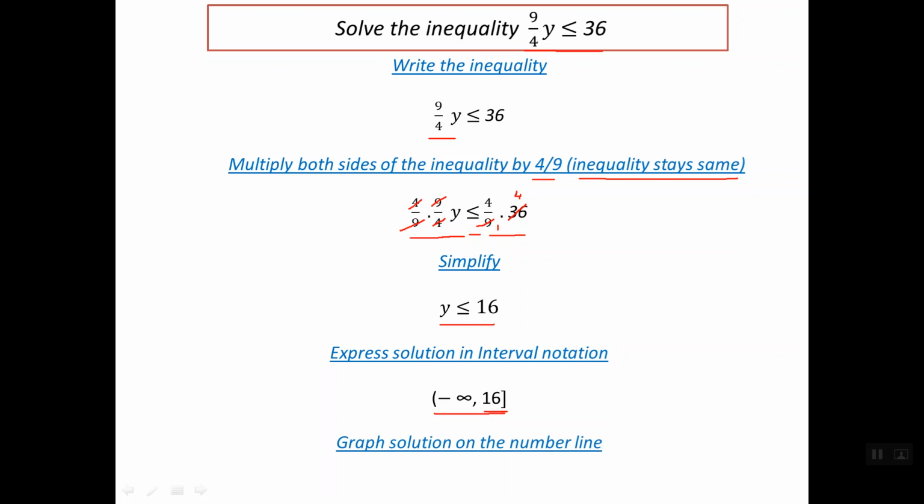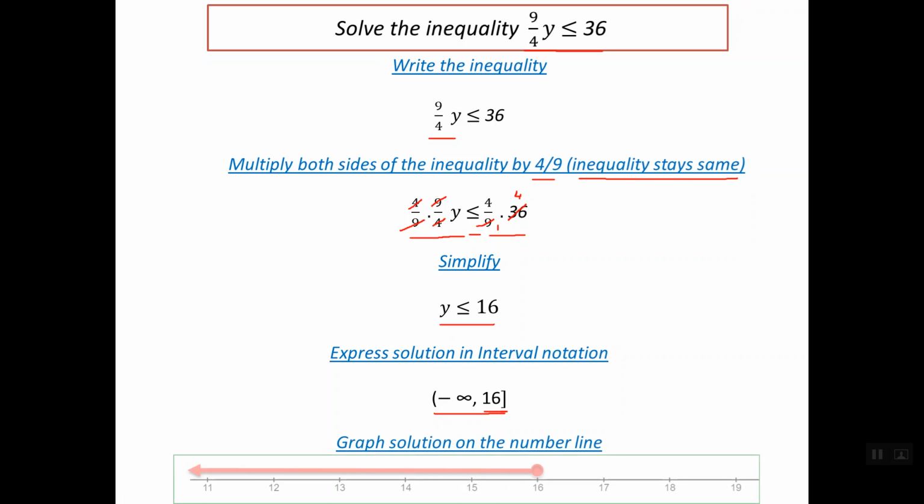Now simply we can graph the solution on the number line. Because the inequality is less than, the arrow is oriented to the left direction, starting from 16 till minus infinity. See that because 16 is part of the solution, we draw a closed circle around it.